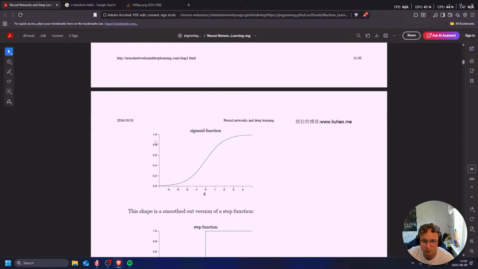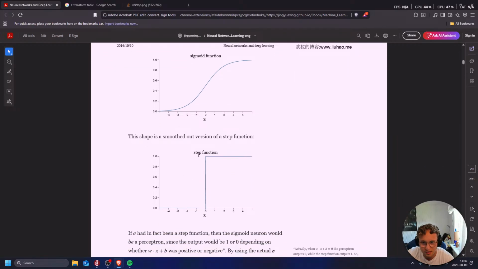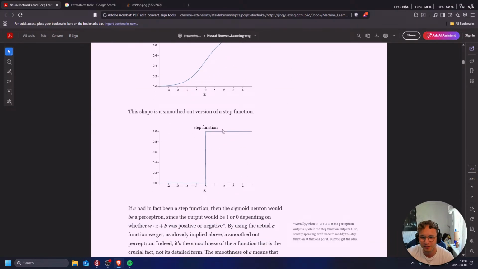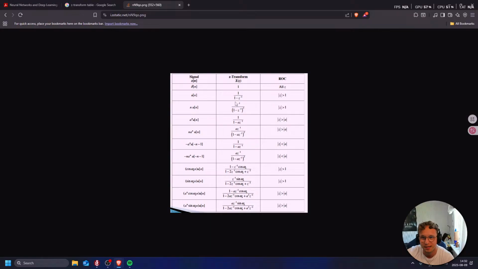Yeah, so I think this is the step function. I actually kind of figured this out already. So this step function here is the same as this one here. It's super fun because this is not even AI stuff.